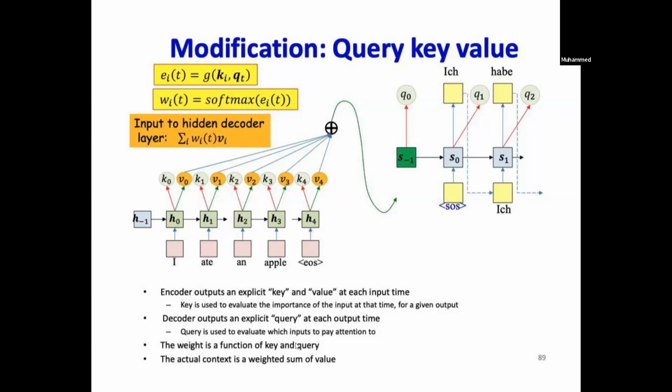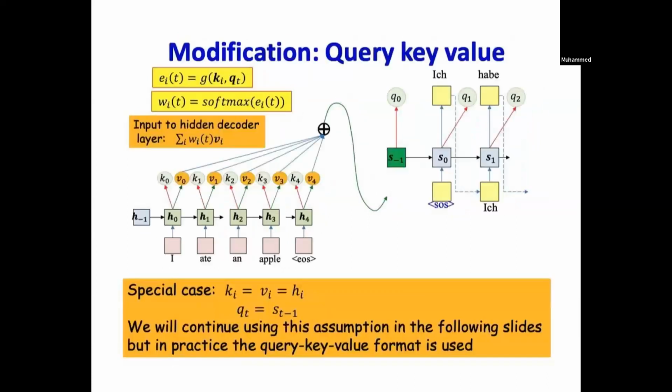And then the actual context that we are going to finally use is going to be a weighted sum of the values obtained from the input sequences, that's the encoder. So this is an example of a special case where we just set the key and the value as the hidden state and the query as the hidden state of the output, which was what we initially had in the previous slides.